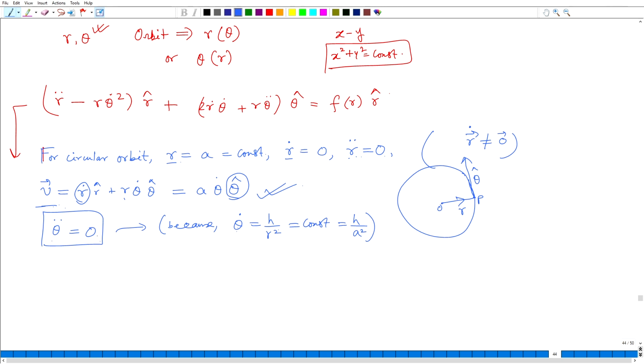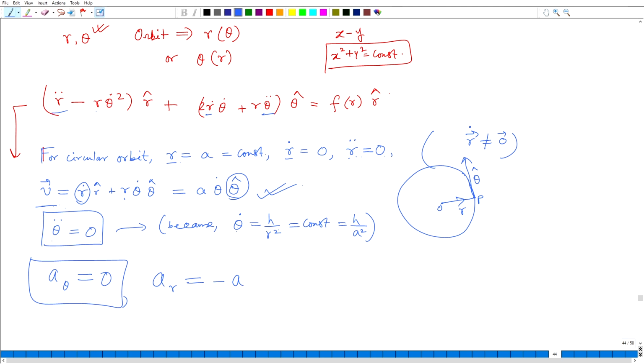Okay. So, it simply says that a theta, the acceleration in the theta cap direction, is equal to, so r dot is 0 and theta double dot is 0. So, a theta will be 0 and what will be a r? A r will be, r double dot is 0, but r is non-zero, theta dot is non-zero, it will be simply minus a, theta dot is h by a square.